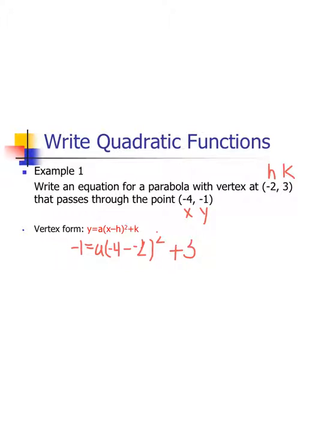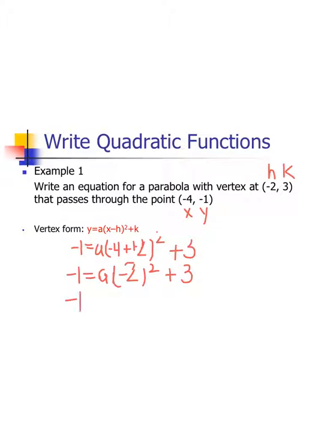Okay, so we're going to simplify this. We've got -1 equals a times -4 minus a negative. Minus negative changes to a positive, so -4 plus 2 would be -2, and then we're going to square that, and then we've got plus 3.